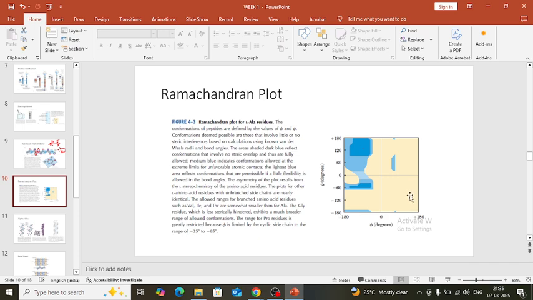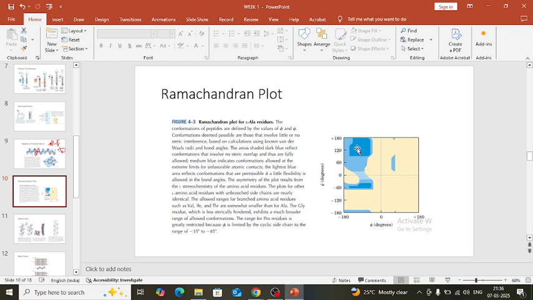This region is not allowed. If the amino acid has this conformation, then that amino acid will not be stable. But if the amino acid has, for example, phi equal to minus 90 and psi equal to 120, that combination is stable. That combination makes the amino acid stable.